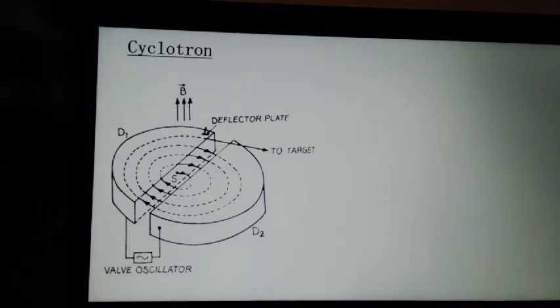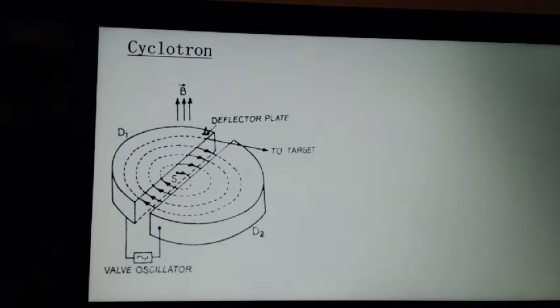So it describes the first semicircular path in D1, and as it completes the semicircle, again the polarity changes. D2 will become negative and D1 will become positive, and D2 attracts the particle, which is accelerated again and describes a larger radius in D2.